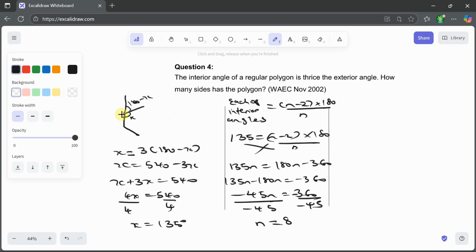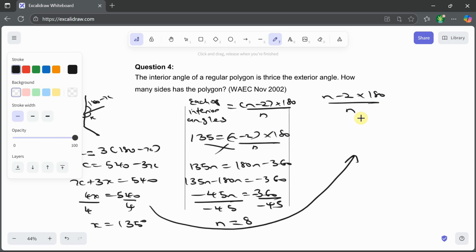I know that this might be confusing for some people, but I could have as well said, we know that the interior angle is n minus 2 times 180 degrees, right? If I divide this by n, that's one of the interior angles. As I said, we are told that it is equal to 3 times the exterior angle. For the exterior angle, that will be 360 degrees all over n, right?